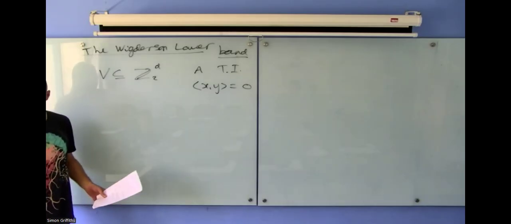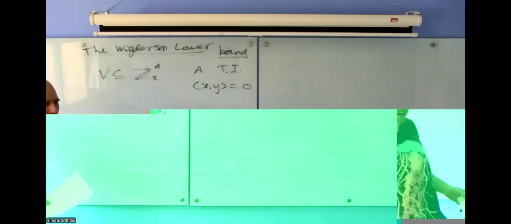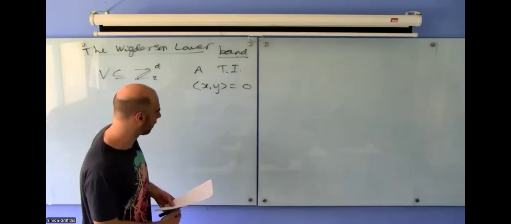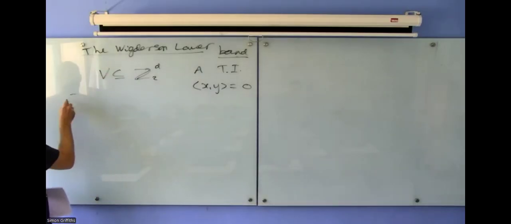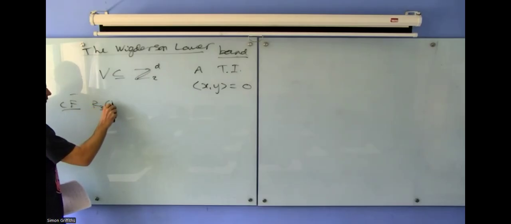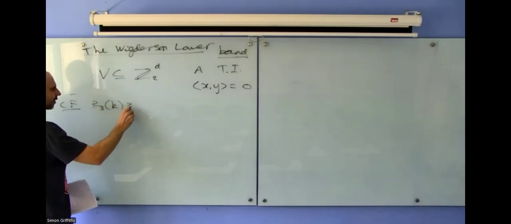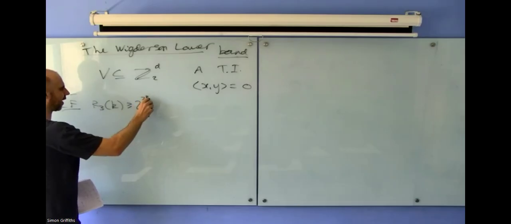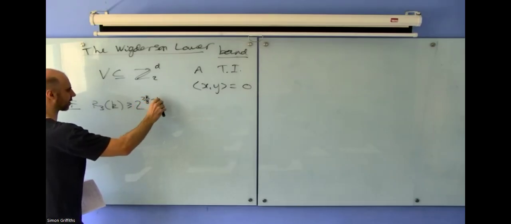Remember, with Conlon-Ferber in the case of 3 colours, we proved the 3-colour Ramsey number for K was at least 2 to the 7/8 K, minus a constant.